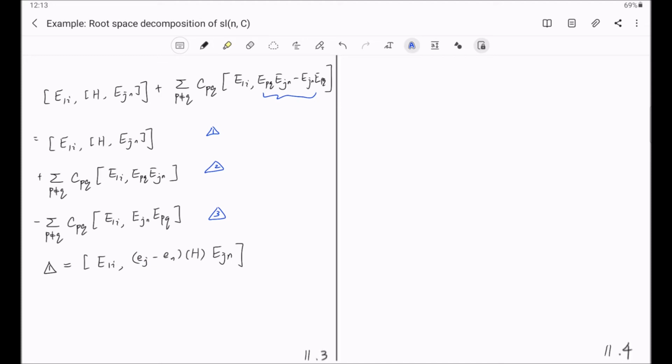This is a scalar, which is equal to just 0.